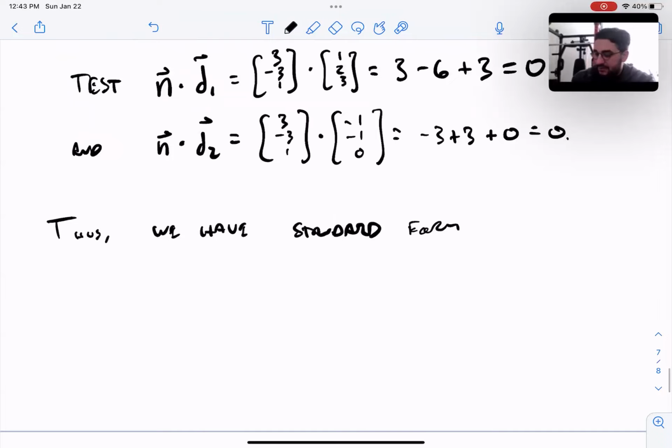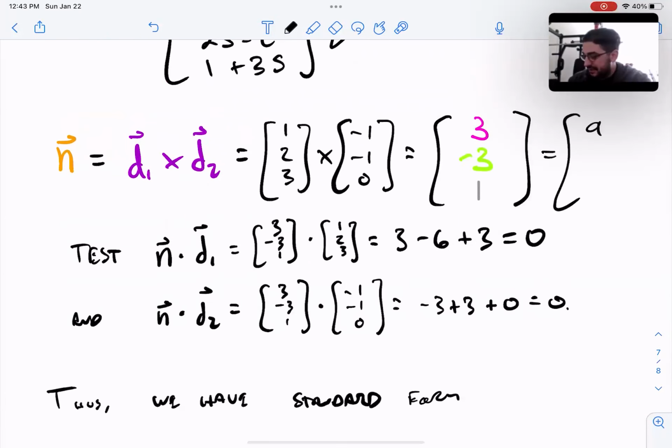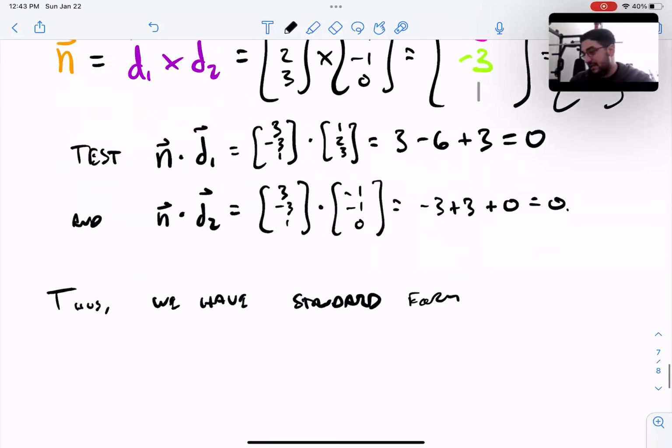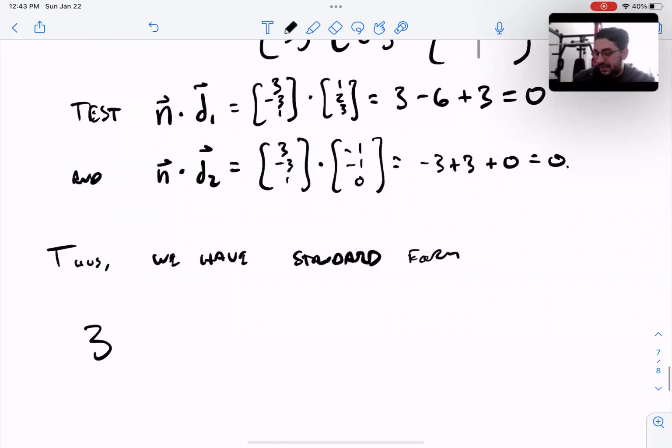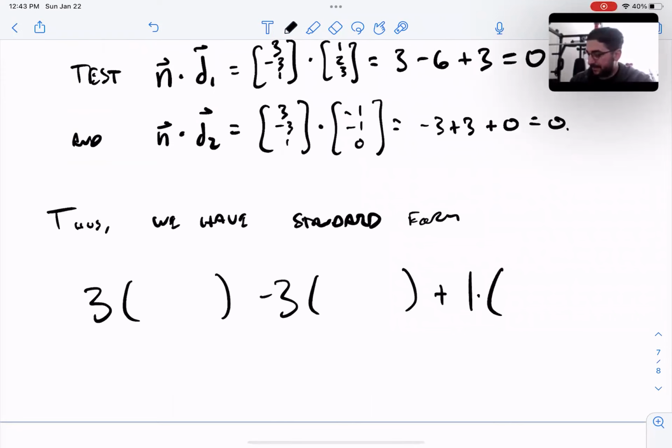Right, so the standard form now is what? Well, this is A, B, C, the components of n, the coordinates of n. So now I know what my standard form looks like. A, B, C times X, Y, Z. And then in here, what do I put?